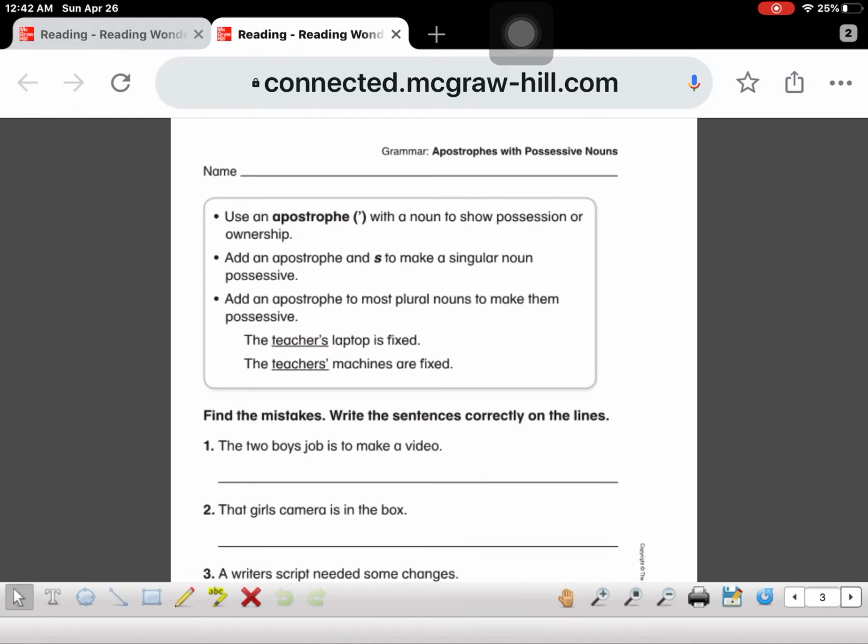Now, if you don't have your worksheet, grab a sheet of paper or your spiral notebook, and we're going to practice rewriting the sentences, okay? All right, so it says find the mistakes, write the sentences correctly on the lines. All right, so number 1, the 2 boys' job is to make a video.